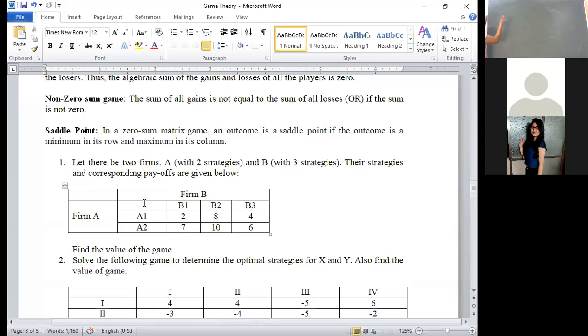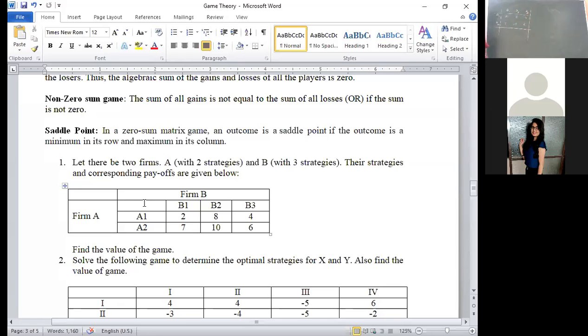That means the player is going to opt a particular course of action. A1, A2. Player B1, B2, B3. Whatever the values given, those are nothing but payoffs. 2, 7, 8, 10, 4, 6.